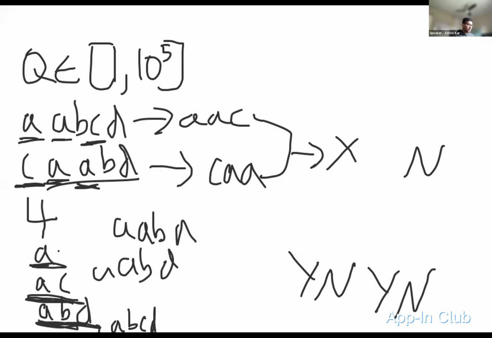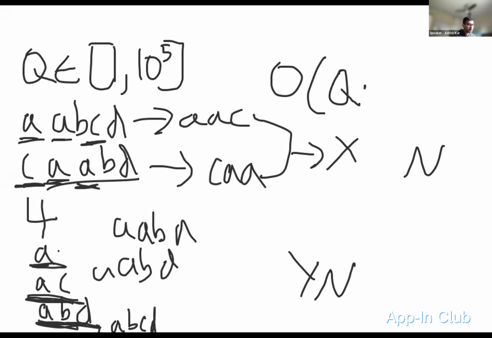So to break down my thought process when seeing this, first of all, I noticed that it's not possible to have an algorithm of time complexity O(Q times the maximum length of the string).